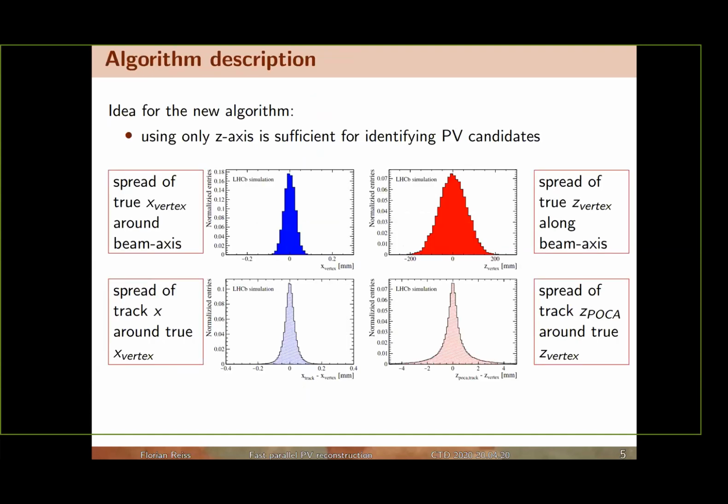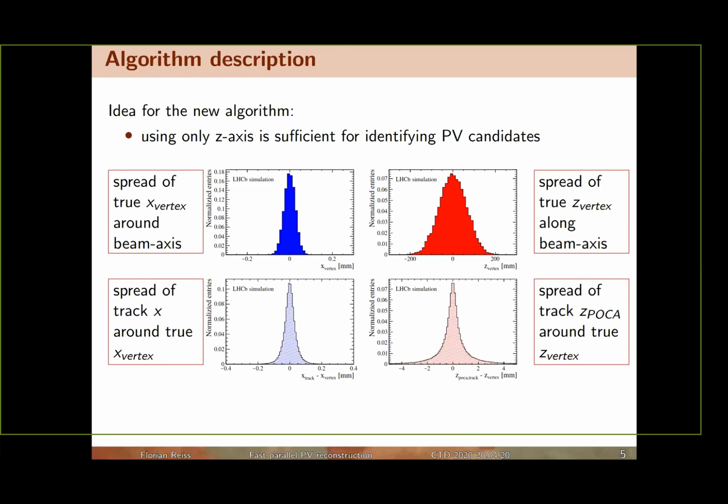This new algorithm is based on the idea that looking only at the Z-axis along the beamline is sufficient for identifying PV candidates. This is demonstrated here: on the top you can see the spread of simulated PVs in X and in Z along the beamline, compared with the bottom, where you can see the spread in X and Z of a track around the PV.